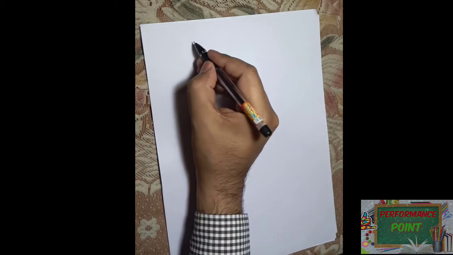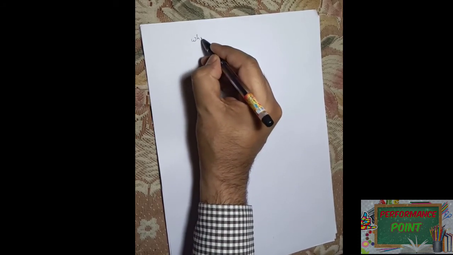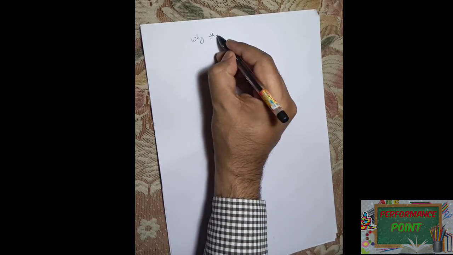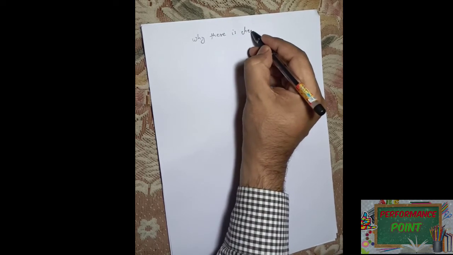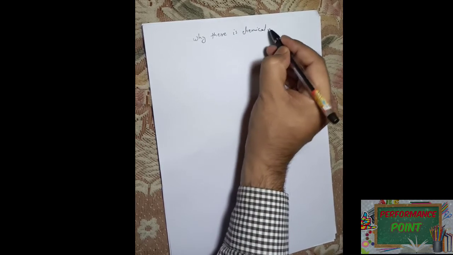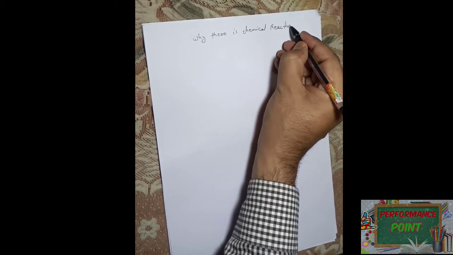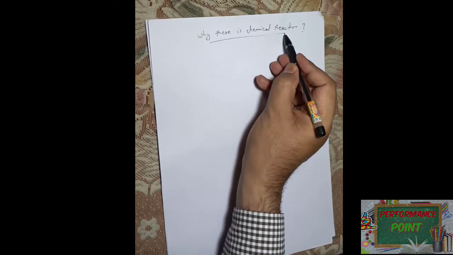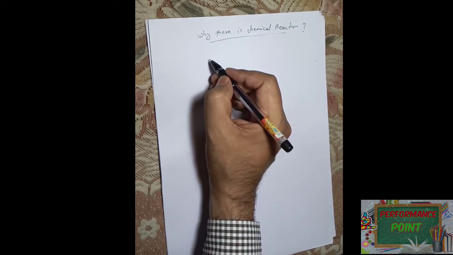Let's go. So now see, why is there a chemical reaction? This is very important. We know that a chemical reaction is when a new substance forms.